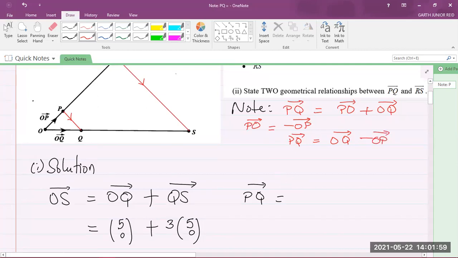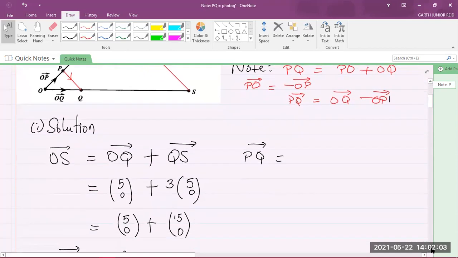So you should know those things. Now, it doesn't matter which one you use because both of them will still give you the same answer. It all depends on which one you're most comfortable using. So I'm going to write the vector PQ as the vector OQ minus the vector OP.